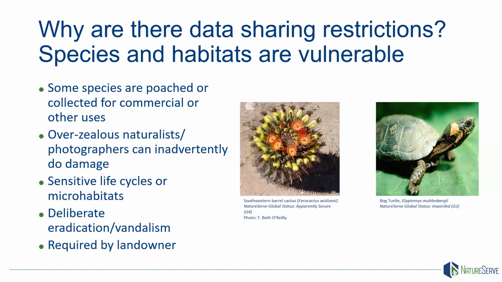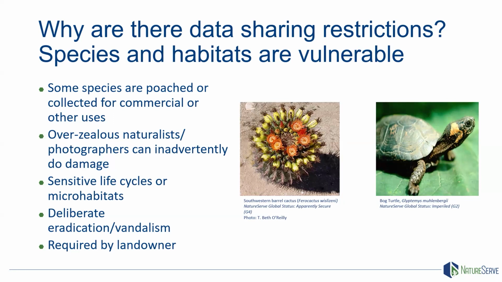There are many other sensitive species that are declining due to poaching or habitat destruction, particularly reptiles, cacti, orchids, pitcher plants, and plants collected for medicinal use. In addition, some landowners that we work with may require that information about species on their lands be obscured or excluded altogether. So that plays into the limitations on how data can be shared externally and how it can be used by third parties.